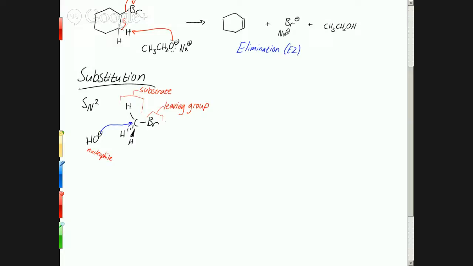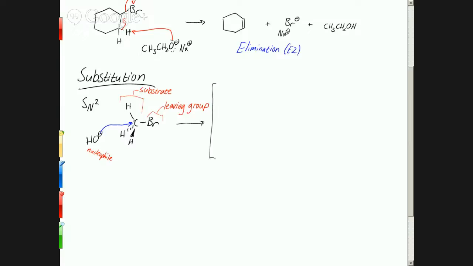So coming in directly behind there means that it's going to form this transition state, which does not actually exist. Let's be clear. We're just going to draw what the in-between would look like here.